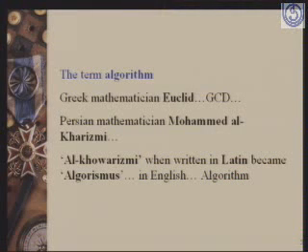Later on, the book itself, or the process of solving problems using a systematic method, got called by the name of the Persian mathematician, Al-Khwarizmi. Instead of calling it Al-Khwarizmi's process or method, people dropped the word method and started calling it Al-Khwarizmi.